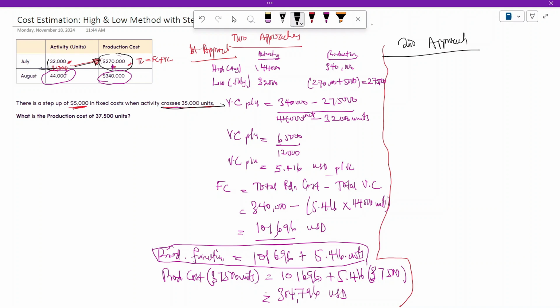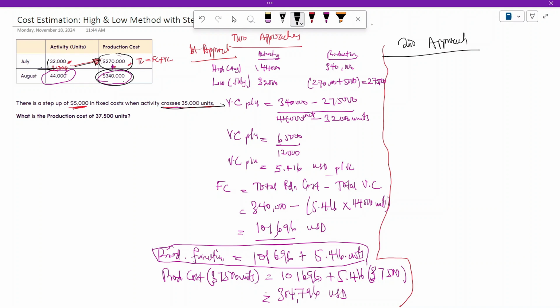Immediately it crosses 35,000, even by 1 unit above this, the cost will increase by 5,000. But if the activity did not increase beyond 35,000, then it means inside the cost associated with 35,001 to 44,000, which is 340,000, there is a fixed cost of 5,000.